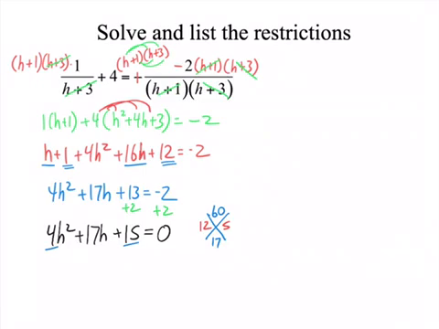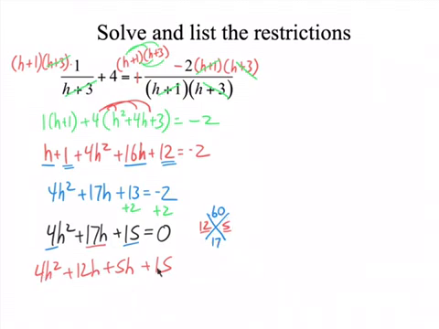So what we have now is we leave the 4h squared, but we're changing 17h into 12 and 5, both h's. So this is 12h plus 5h plus the 15. Again, what we did is we take this and broke it up into those two pieces, coming from here.